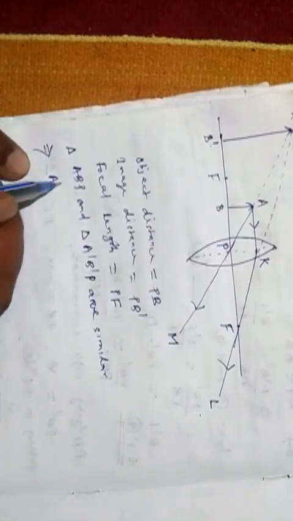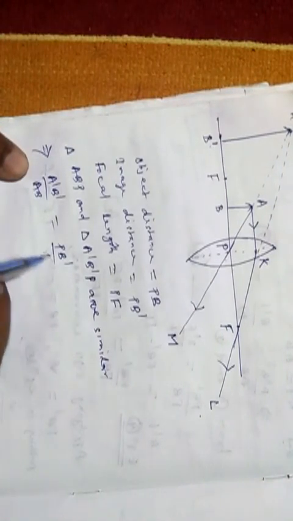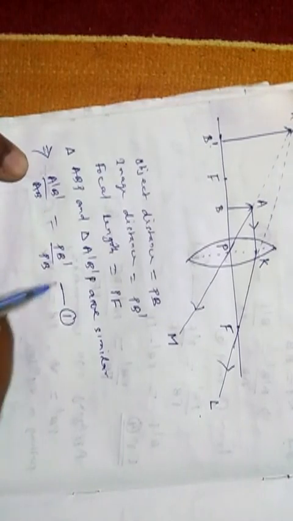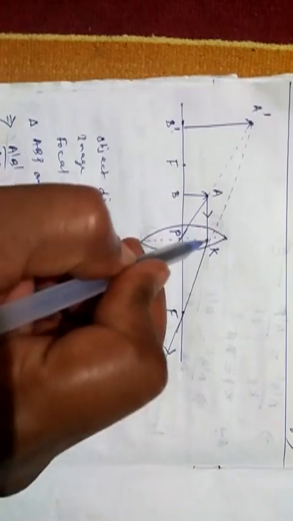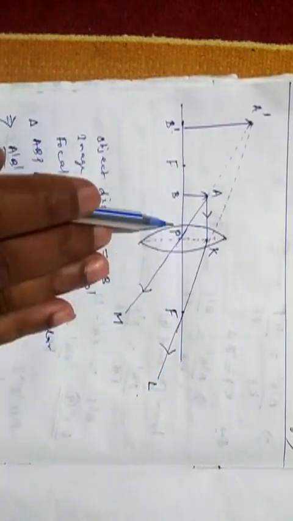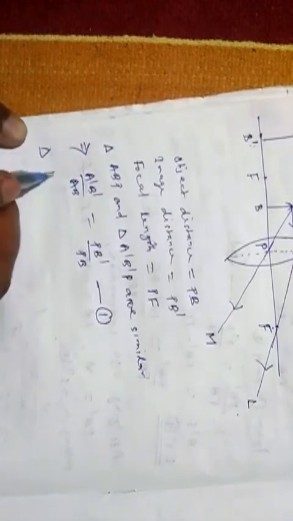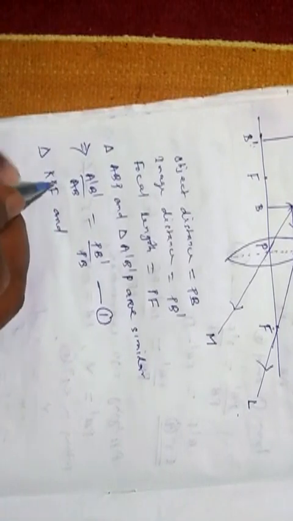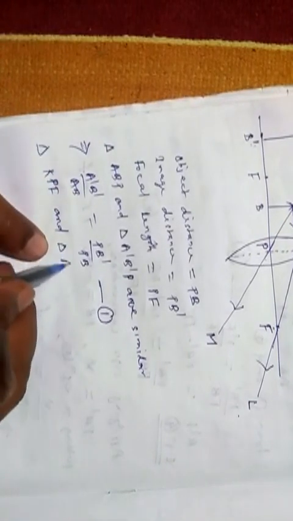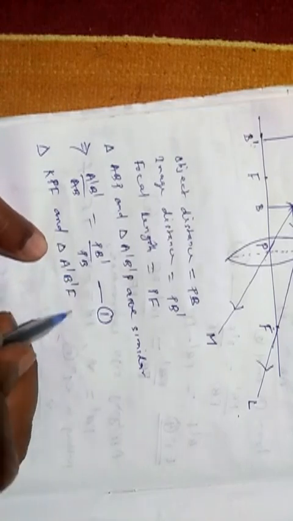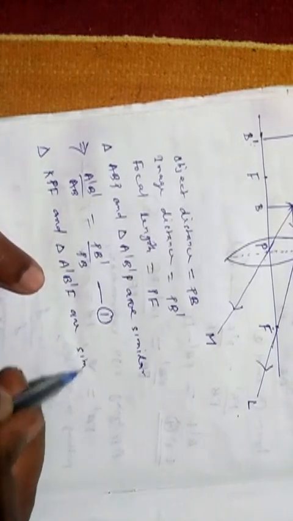So we can write A dash B dash by AB is equal to PB dash by PB. First equation. Similarly, triangle KPF and triangle A dash B dash F are similar.